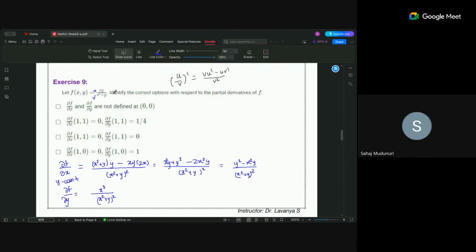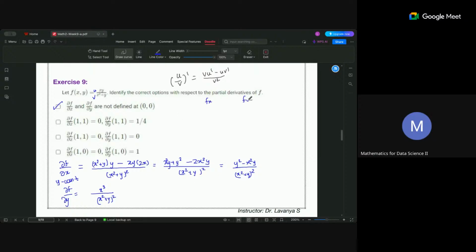We can directly look at the function only, because if it doesn't exist, it cannot have a derivative. Exactly. So for the first option, directly from the function itself, we can say it is not defined, because the function itself is not defined at (0,0), right? Yes. For the remaining options, we can look at the values.